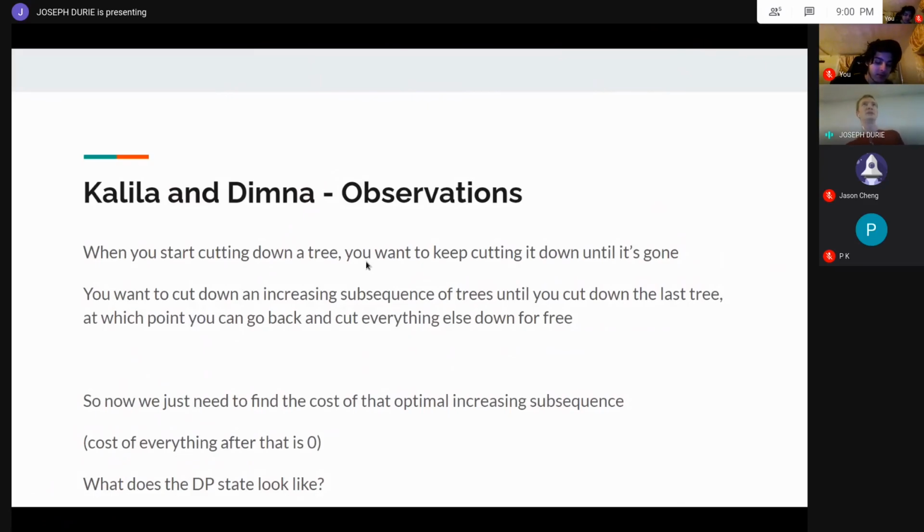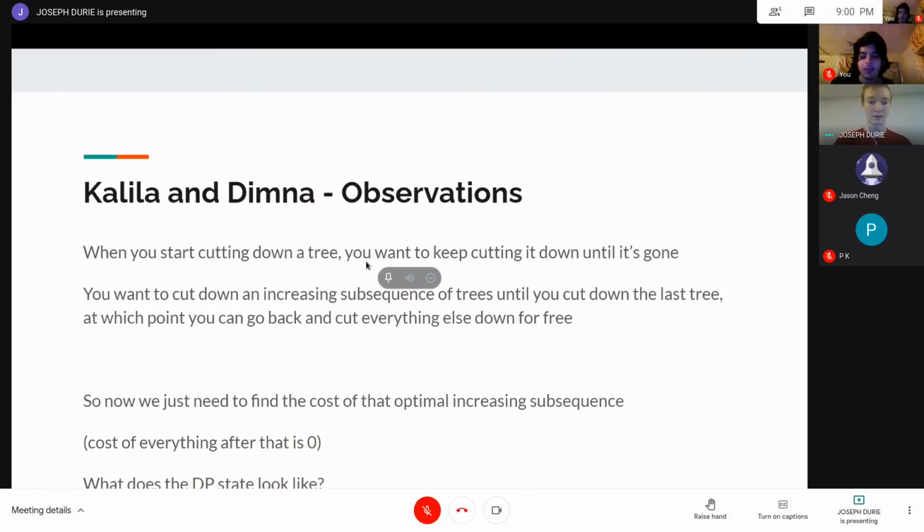So if your DP state is DP I is the cheapest subsequence that ends at position I, including I, how could you compute that from DP J for J less than I? Because again, it's the same structure as the other ones.